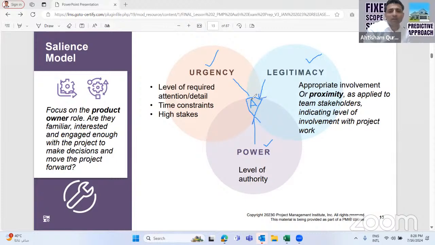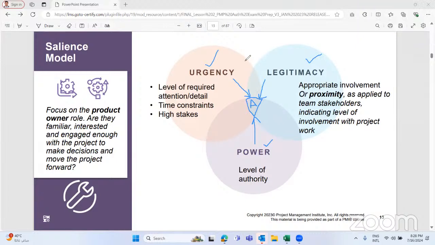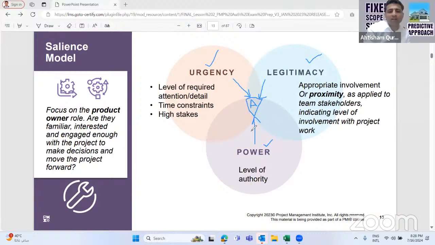They have every bit of it, right? It is in this circle, this circle, and this circle. So this stakeholder has it all: urgency, legitimacy, and power. The salience model is a really important model to understand.